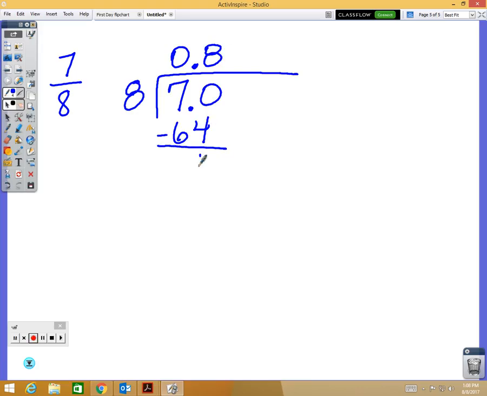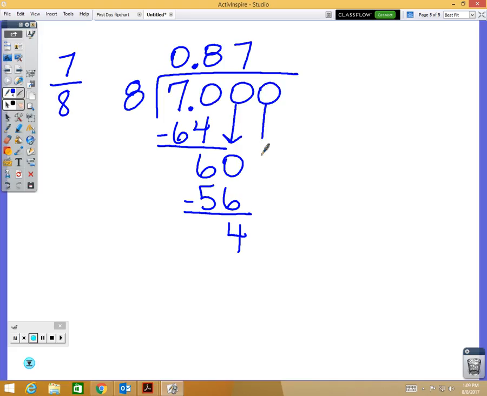And when you subtract, you get 6. Obviously, we need to keep going. Bring down a 0. 8 goes into 60 7 times. That is 56, which gives you 4. Bring down a 0, which gives you 40, so 5.